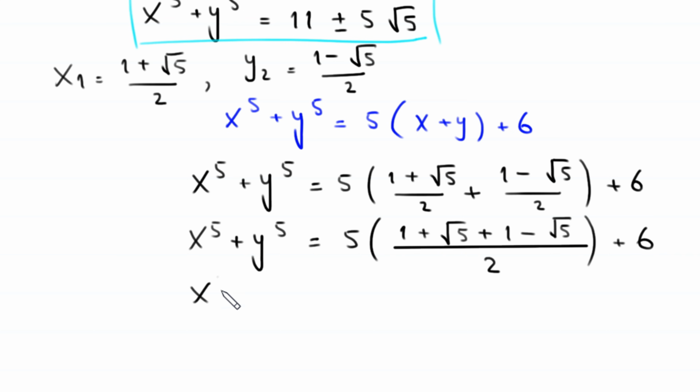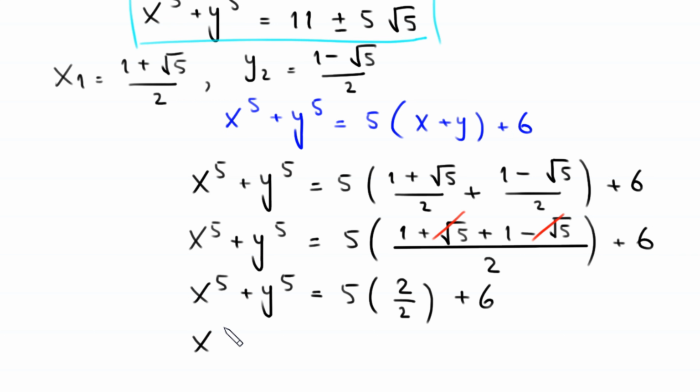Next, x to the power 5 plus y to the power 5 is equal to 5 times, this negative root 5 will be cancelled with this positive root 5, and we are left with (1 plus 1) which is 2 over 2, plus 6.